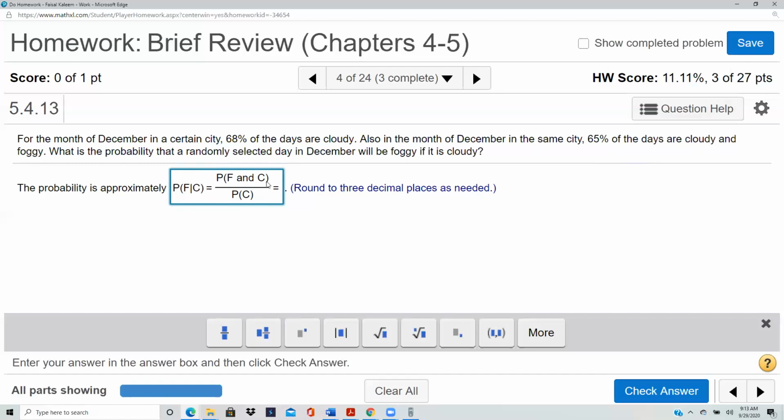So 65 on the top, 68 on the bottom. So 0.65 over 0.68 equals 0.956. Okay.